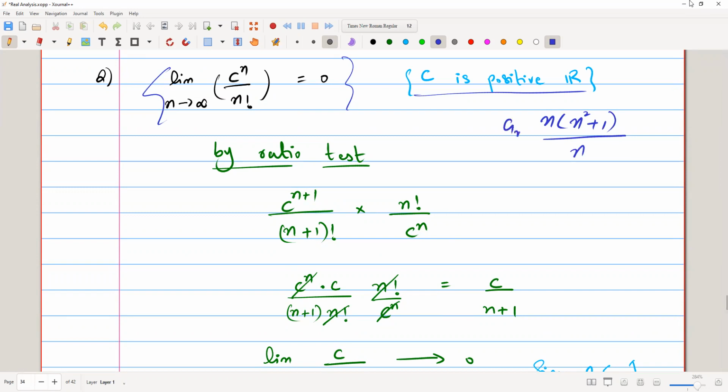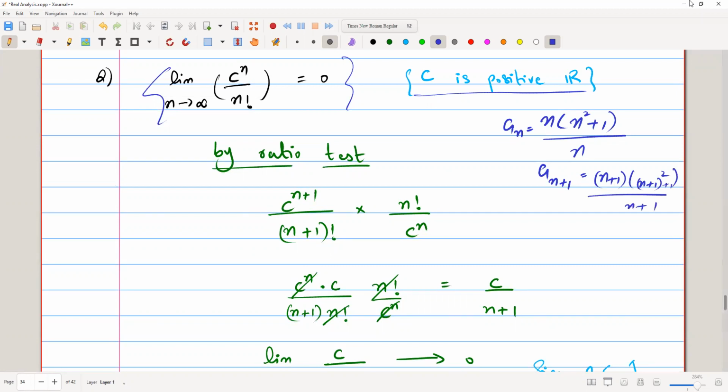Say this is a n, then we write a n plus 1, that will be (n plus 1) squared plus 1 over n plus 1.